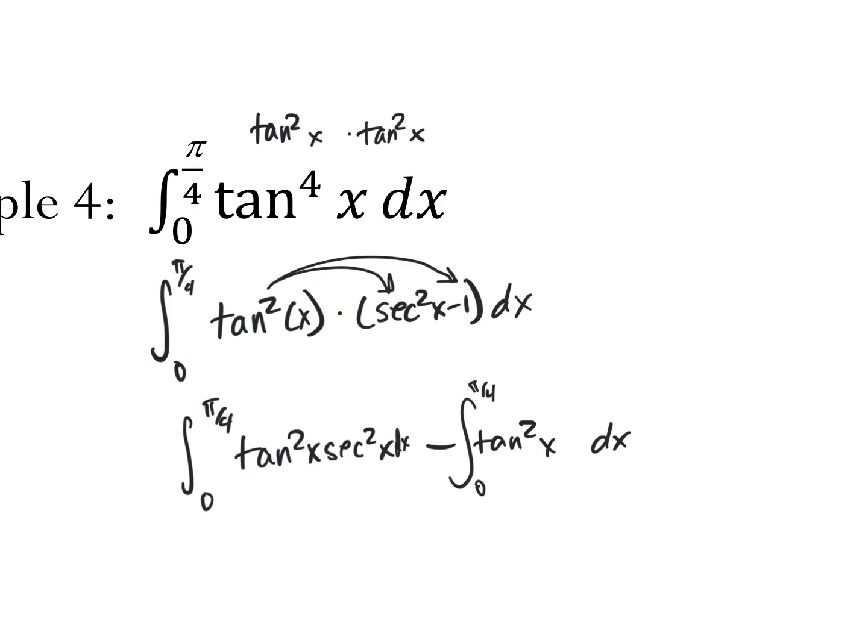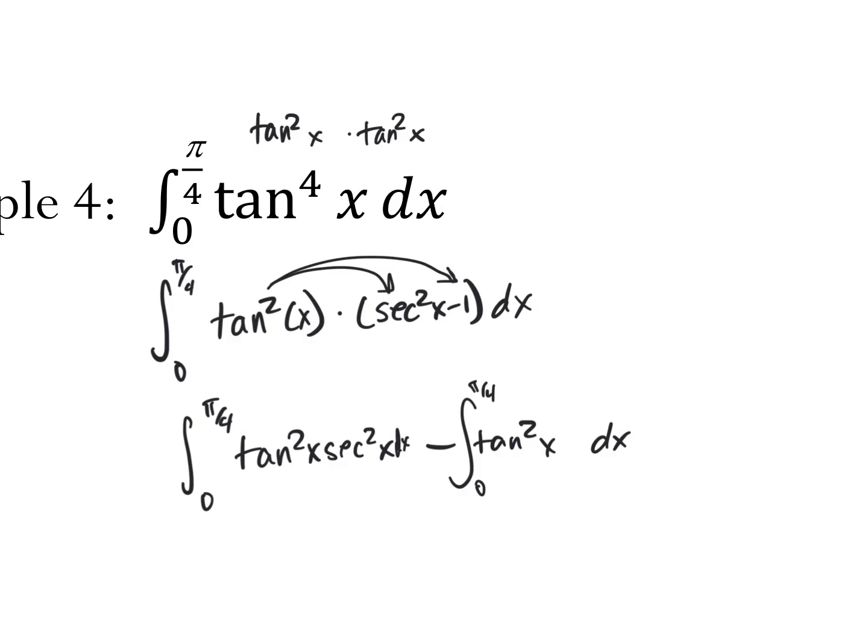Okay? And Coop, I agree with you that maybe for this one, u equals secant x could work. It's not going to. But the next one I'm going to work is going to be very similar to what you're thinking. It's going to be different powers, though.